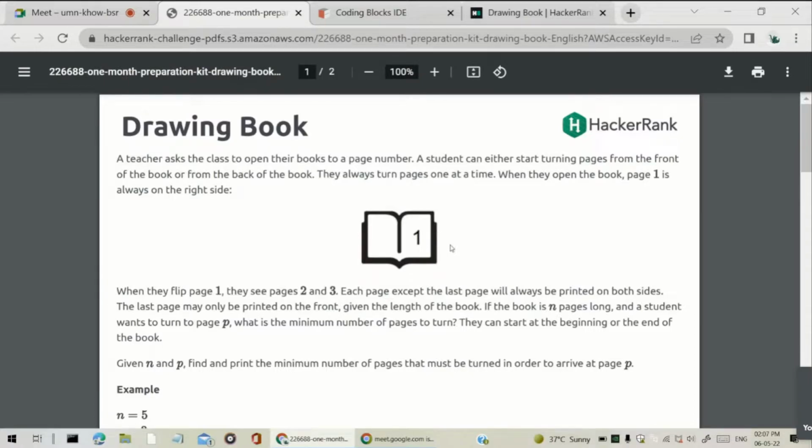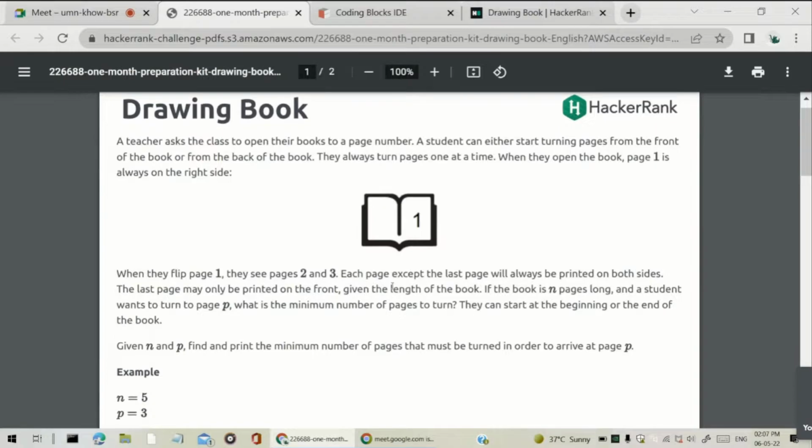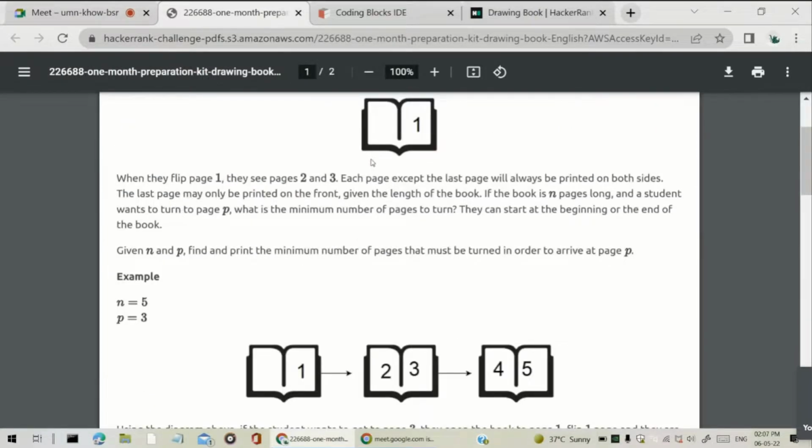That means when you see a book, you will see the page on the right side at first, and the page number of that page is 1. After seeing page number 1, when we flip that page, we will see pages 2 and 3. Like that, if we turn the pages, we will get to the page which is required by us.